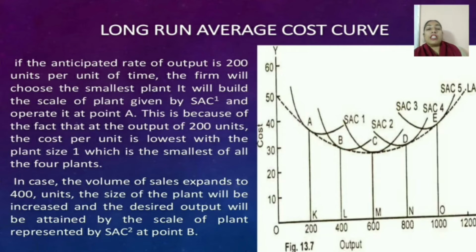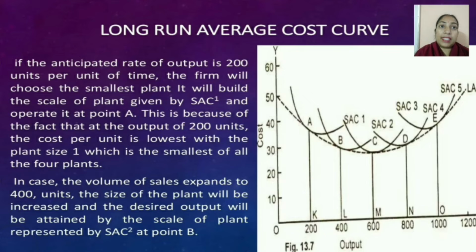Now, if the anticipated rate of output is 200 units per unit of time, the firm will choose the smallest plant. It will build the scale of plant given by SAC1, the short run average cost curve.